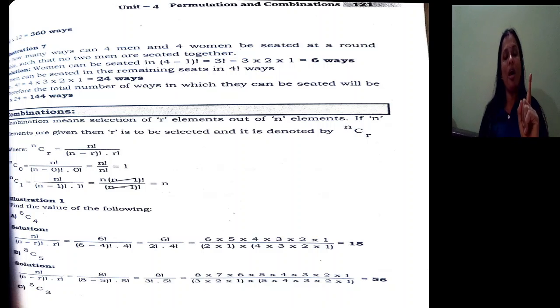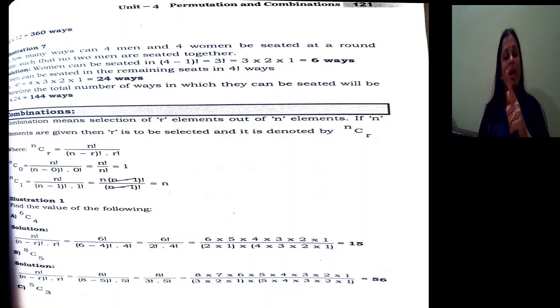In case R is 0, N factorial divided by N minus 0 factorial into 0 factorial means N factorial divided by N factorial, so the answer will become 1. If R is 1, then N factorial divided by N minus 1 factorial into 1 factorial. N factorial is nothing but N into N minus 1 into N minus 2 and so on.